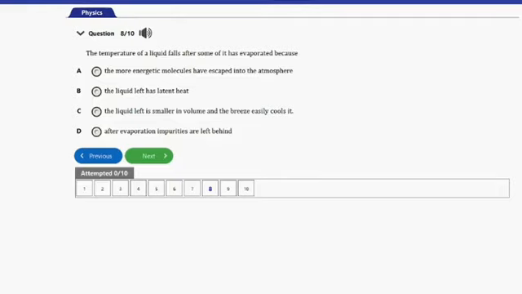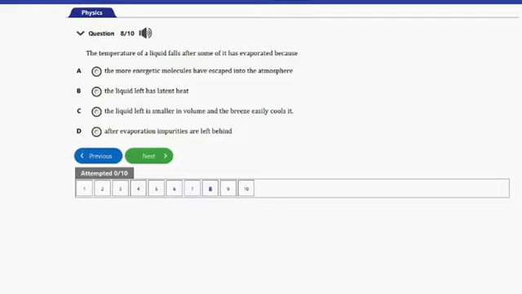C. The liquid left is smaller in volume and the breeze easily cools it. D. After evaporation, impurities are left behind. The answer to this question is option A. The more energetic molecules have escaped into the atmosphere. And that's it for this question.